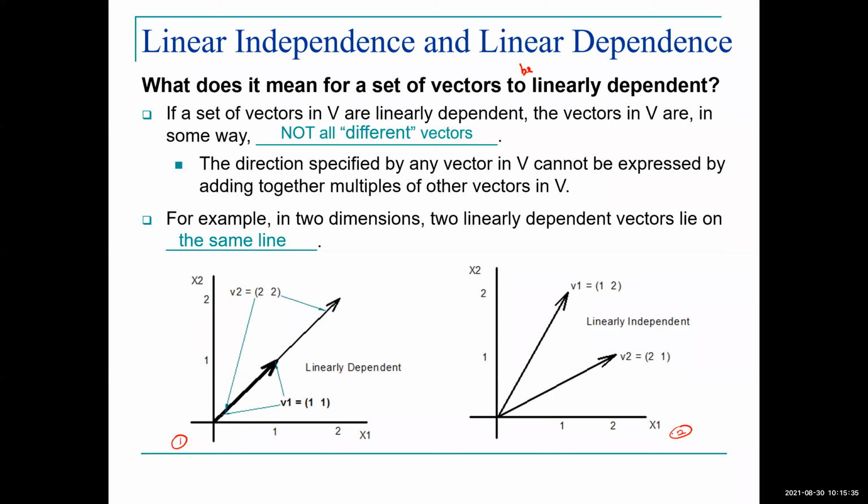They have different directions. So in terms of the graphical representation of this concept, the direction is the same for dependent vectors and different for linearly independent vectors. Makes sense, right?